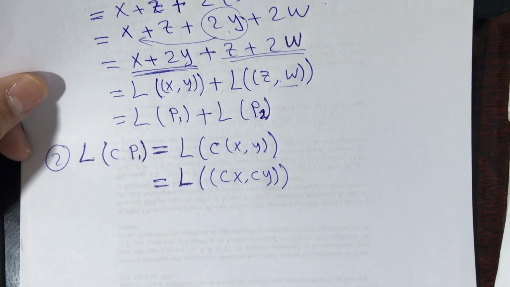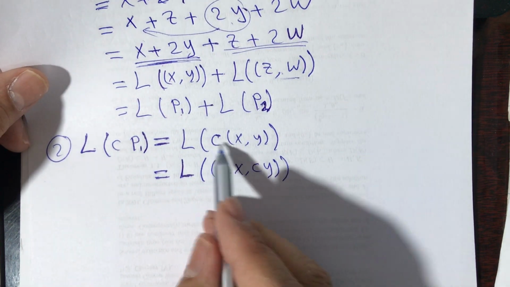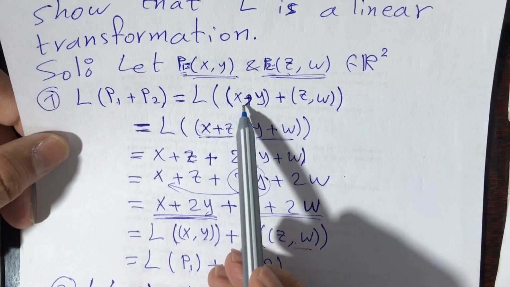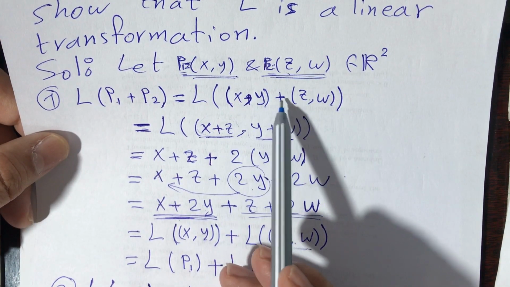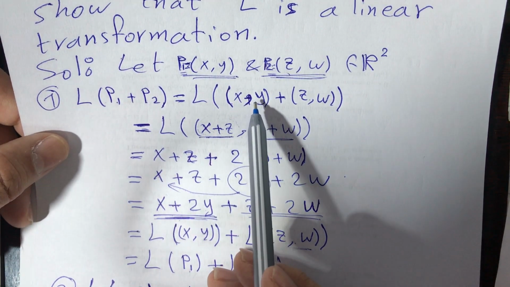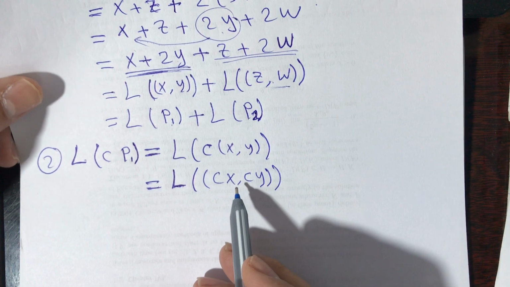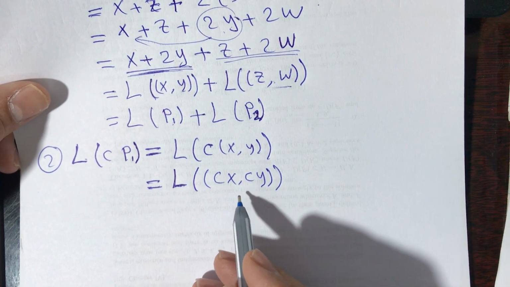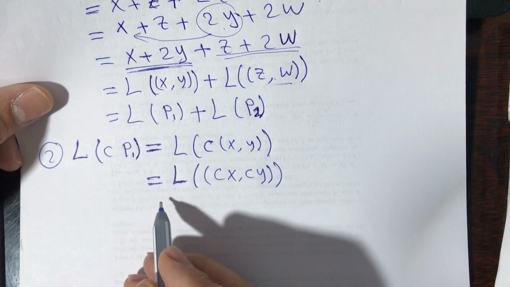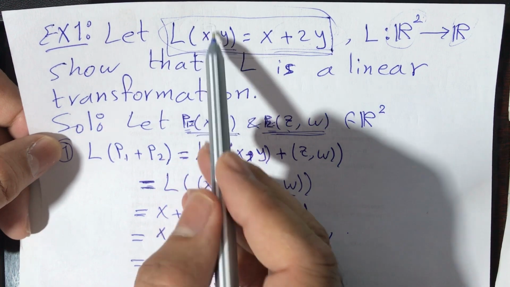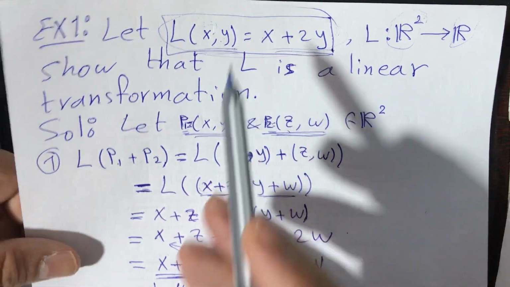This is the scalar multiplication, and this is the first argument. This is addition in R2, and this is scalar multiplication in R2. And now this is from the definition of L. The first argument is still the same.